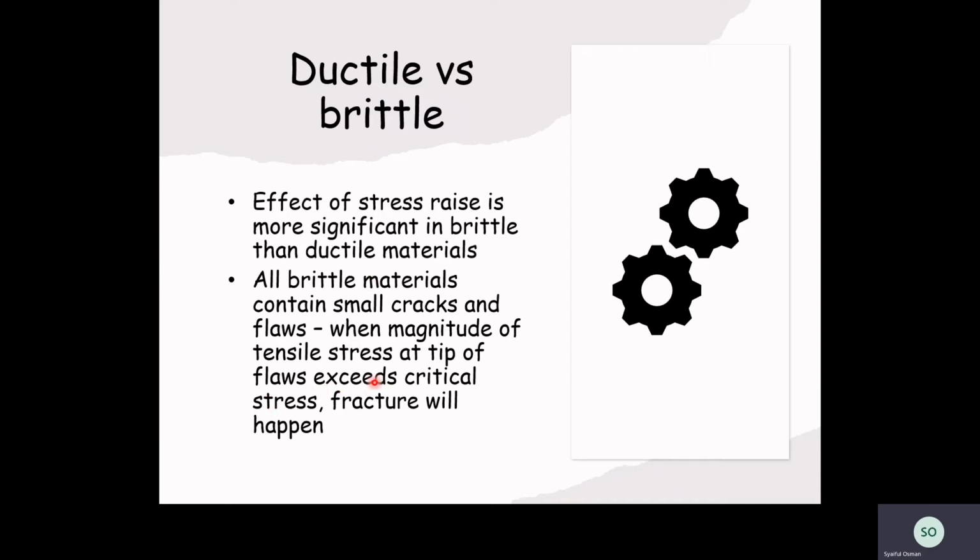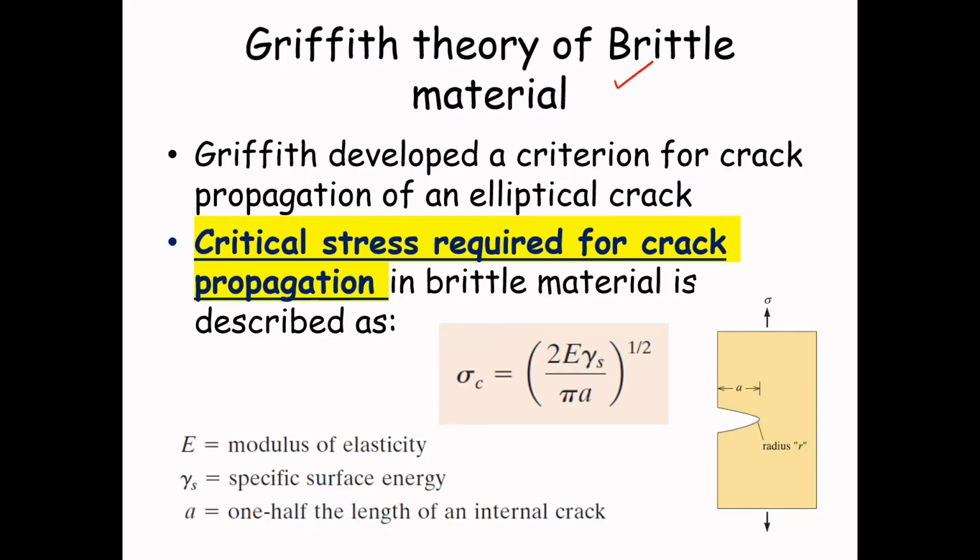And what happens is it will cause a fracture of the material. So we know that fracture stress depends on the crack size. We also know that fracture stress depends upon the material properties such as stiffness. And the first person to establish the quantitative relationship between fracture stress, crack size, and stiffness was Griffith.